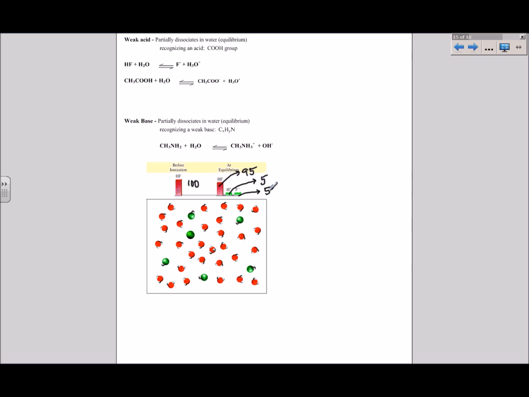This is going to affect the pH of the solution relative to a strong acid. And this is something that we spend a lot of time in grade 12 studying. Our focus this year is going to be on strong acids and bases. For now, understanding the difference and being able to recognize that you have a strong acid or a strong base versus a weak acid or base is what we'll need to be able to do.